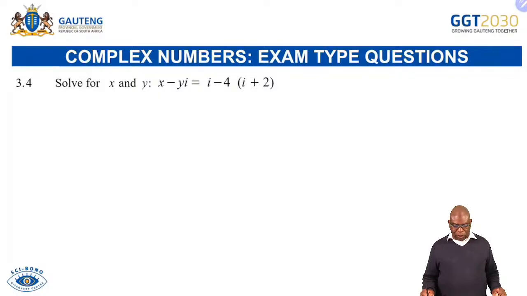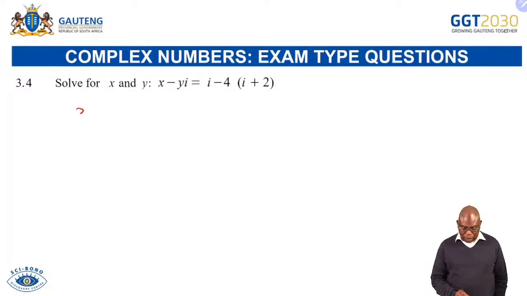Now, the next question is the one I was talking about, which is straightforward and easy. What you need to do is just multiply out the bracket. That's all that we do. So here I'm going to say x minus yi equals i minus, multiply this for i, negative, positive, negative 8.